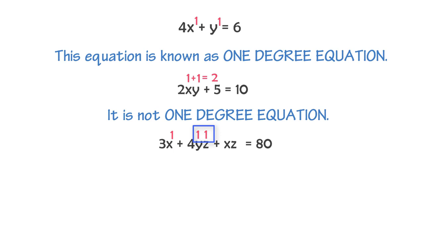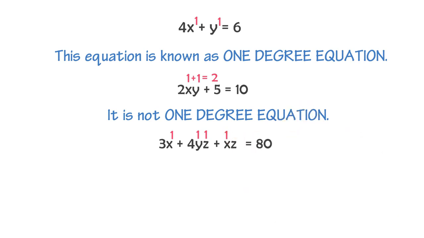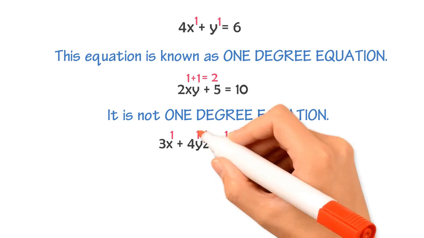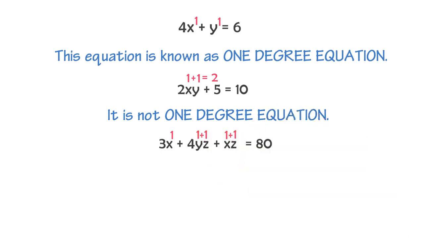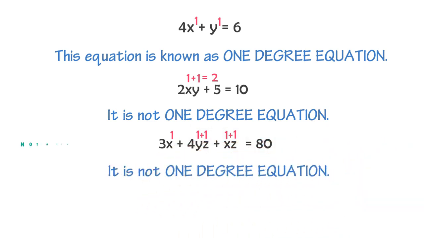Thus the power of second term is 2. The power of third term x is 1, and the power of z is also 1, hence 1 plus 1 is equal to 2. Thus the power of third term is also 2. So we can say that the highest power of this equation is 2. Hence it is neither a one degree equation nor a linear equation.